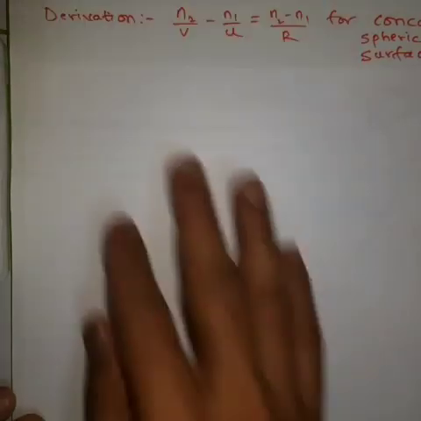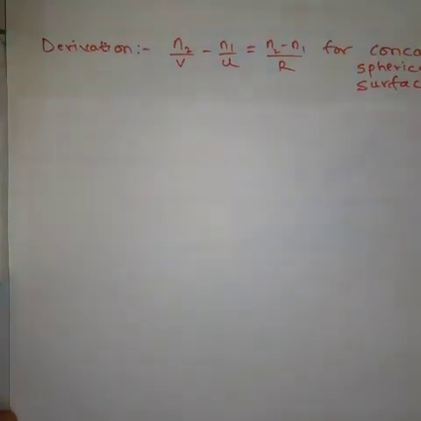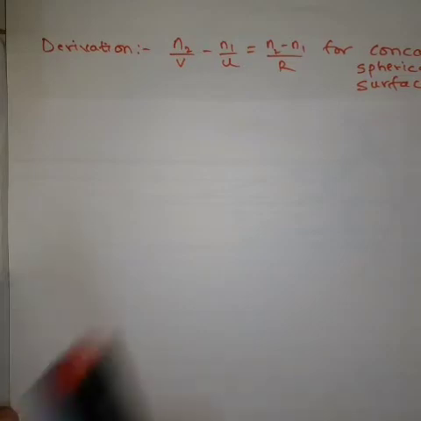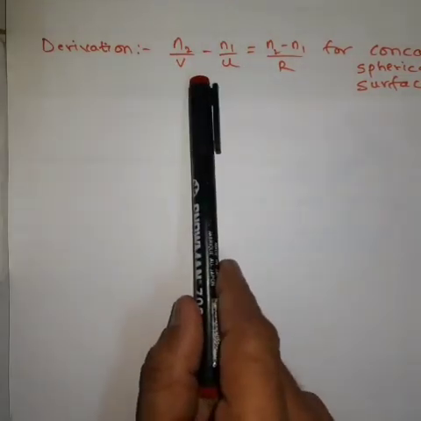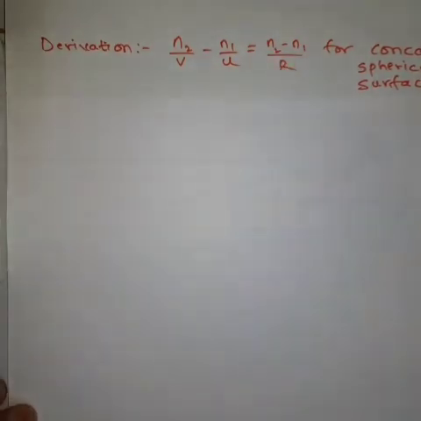Now for a concave spherical surface, for both the surfaces my equation remains the same. There is no change in the equation. It's only that we are now deriving for a concave spherical surface. Earlier we derived for a convex spherical surface.